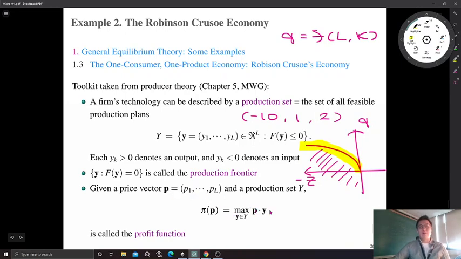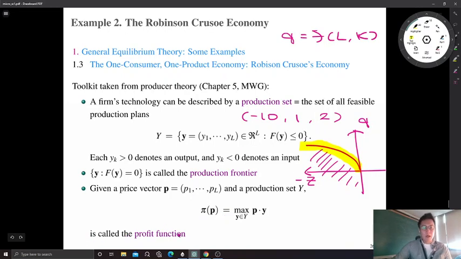The accounting profit can be defined as the dot product between the price vector and the production plan. And then the firm chooses the production plan so as to maximize this accounting profit. Then we can describe it as a function of price, that is called the profit function.